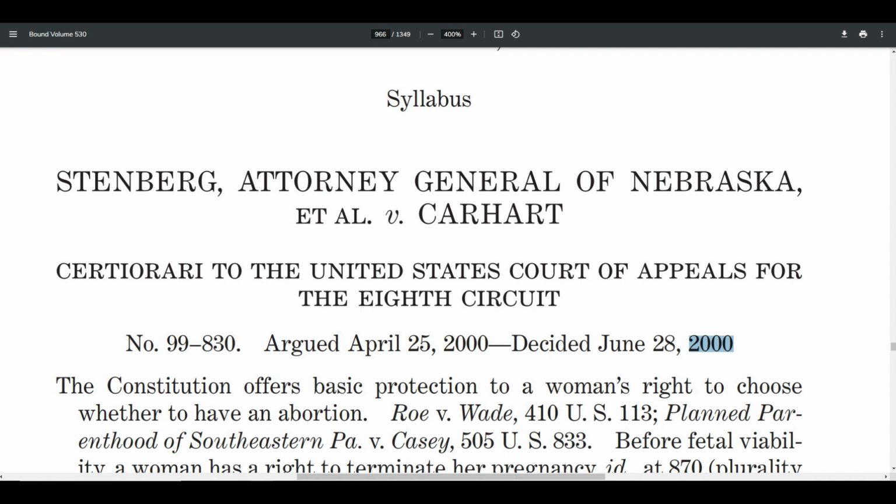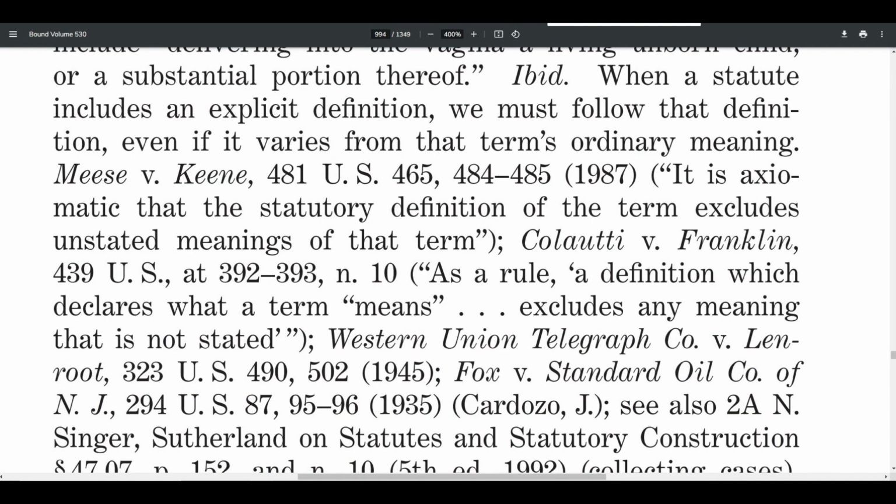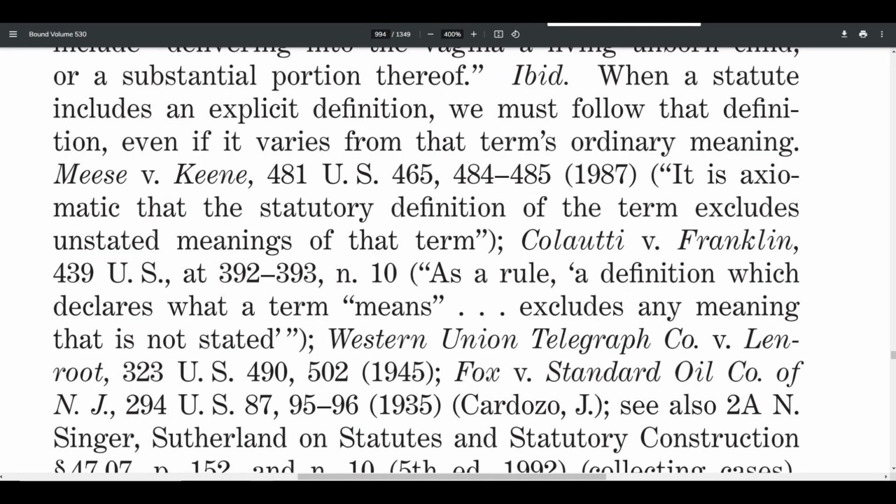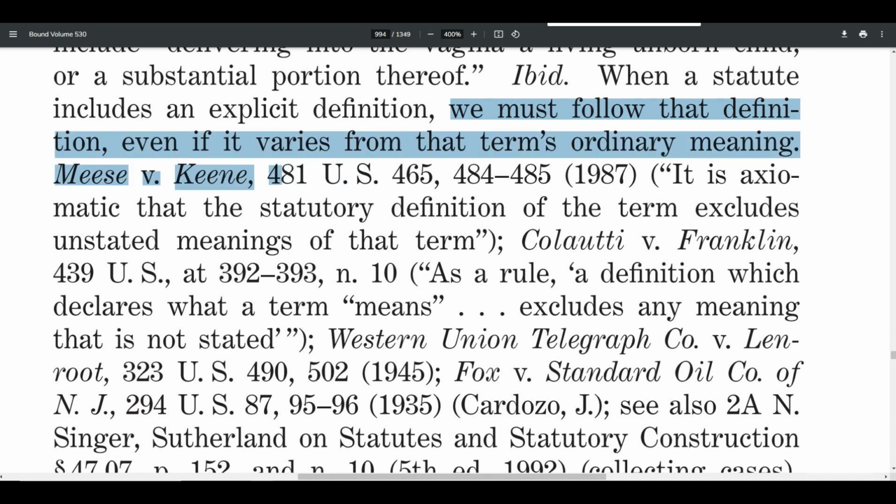The U.S. Supreme Court case of Stenberg versus Carhart in 2000 tells us, and I quote, when a statute or law includes an explicit definition, like the ones you see here, right? We must follow that definition, even if it varies from that term's ordinary meaning. That's right.